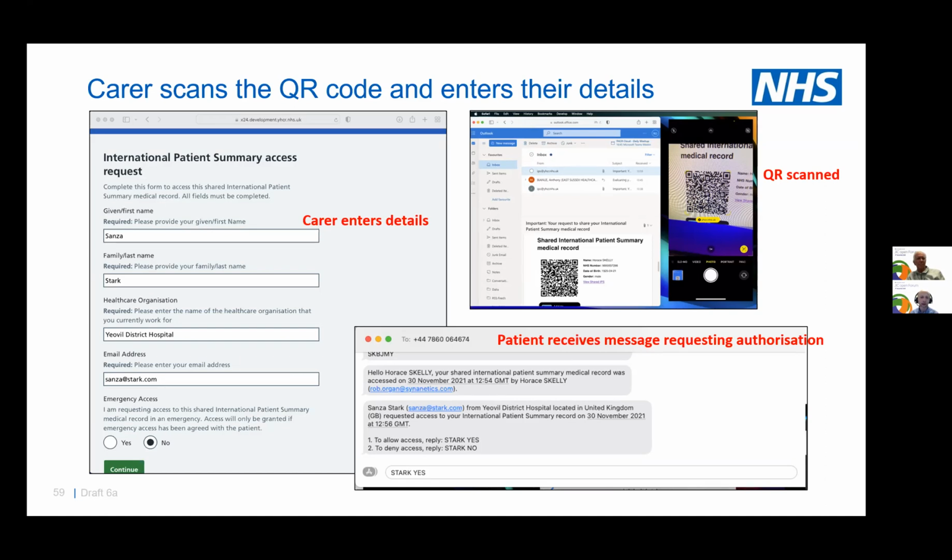So the caregiver would complete that information and that request be made. The patient would then receive a text message saying a request has been made, and are you going to allow that request or not? And the reason for that, even though everybody's in the same location, is it gives that full ability to confirm, yes, access should be given and it is completely appropriate. So next slide, please.